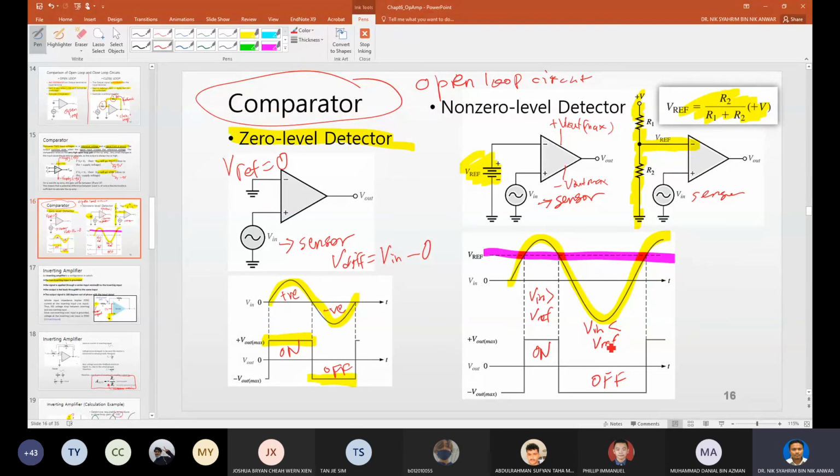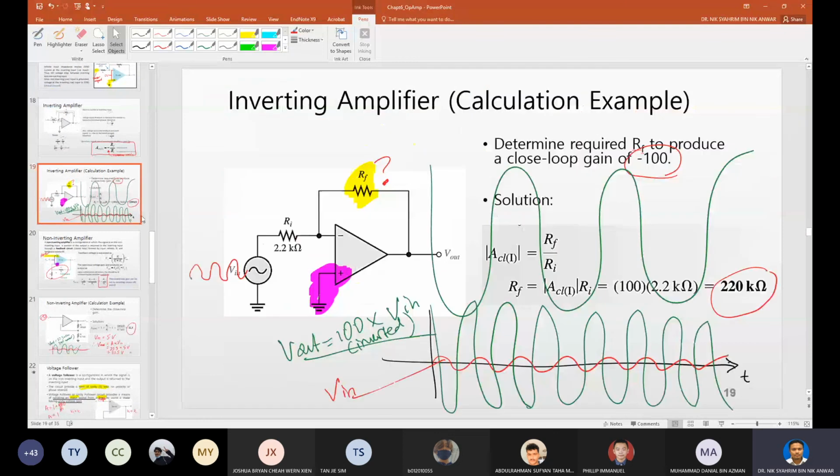So the drawback in this open loop setup is that you will only hit either the maximum positive or the maximum negative, so you will only have a square signal. But if you use closed loop, you can control the gain so that you will still replicate the input signal in terms of shape and form, but only amplify the amplitude. That's the whole purpose.